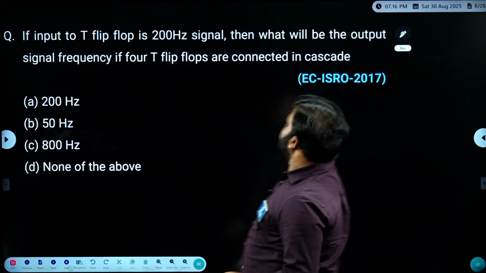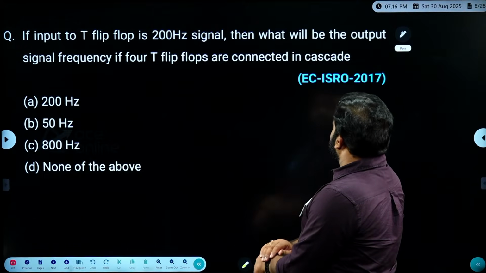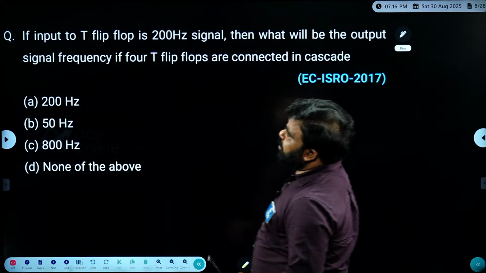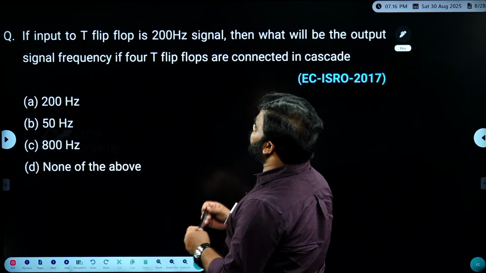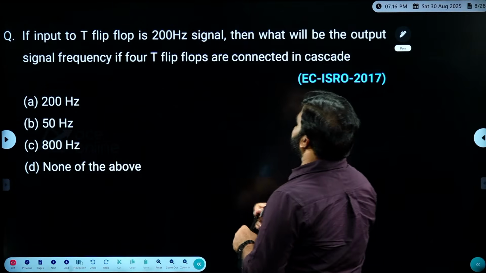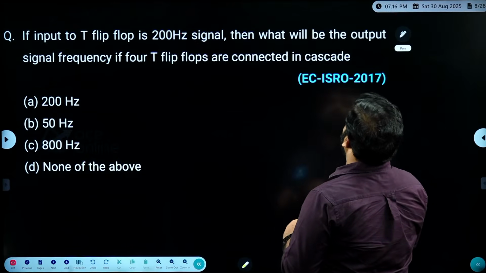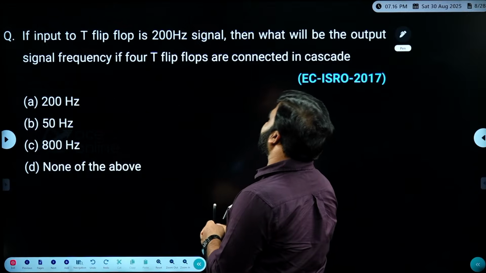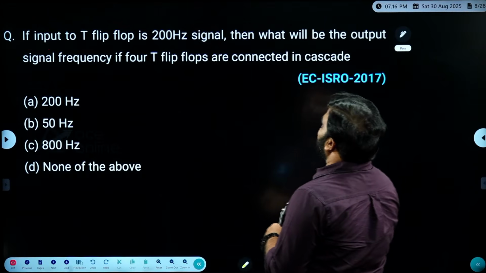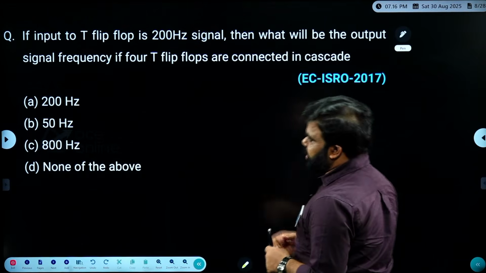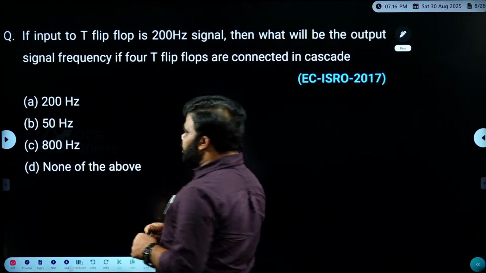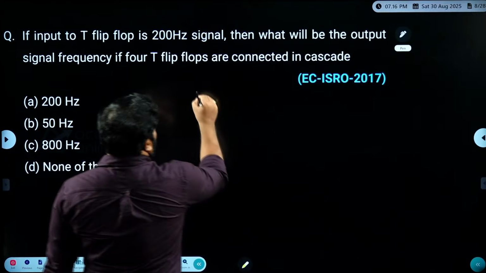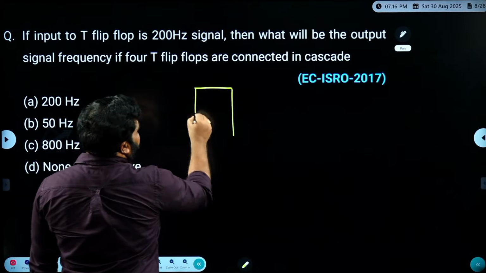Right. So, which was given in the ISRO exam, EC paper. If the input to a T flip-flop is a 200 Hz signal, then what will be the output signal frequency if 4 T flip-flops are connected in cascade? A simple thing is, it is saying that 4 flip-flops are connected in cascade.